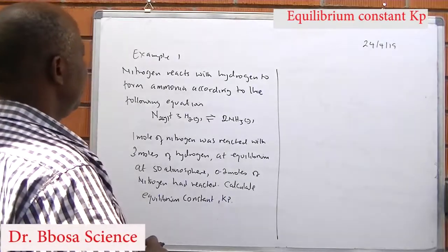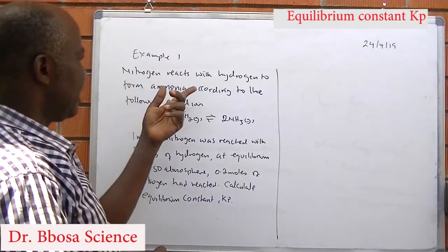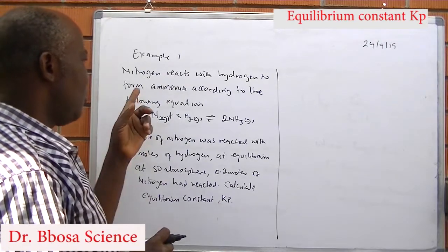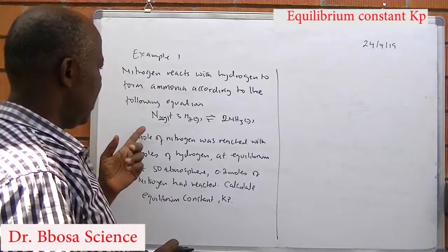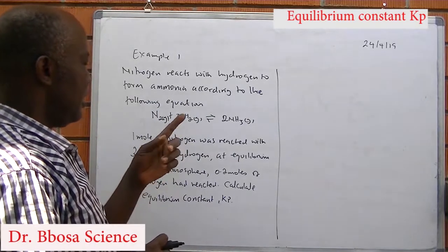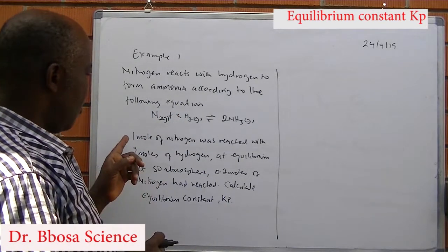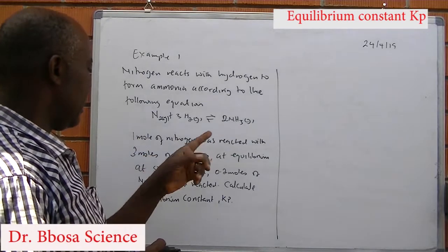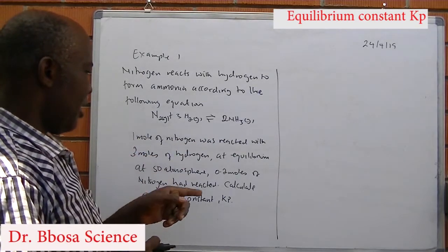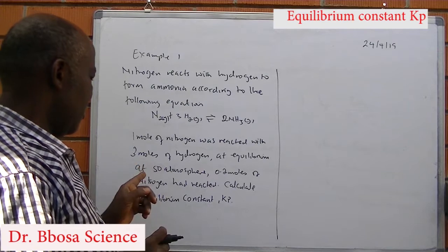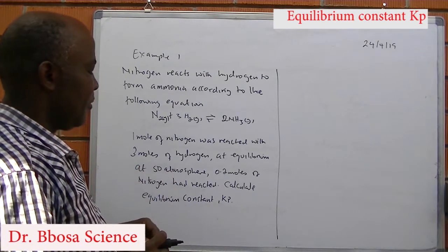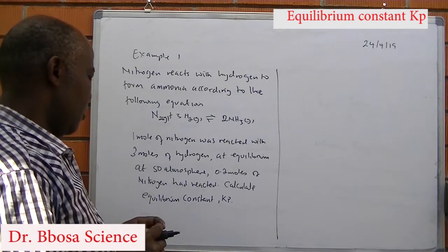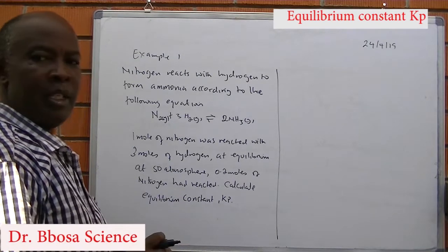Example 1. Nitrogen reacts with hydrogen to form ammonia according to the following equation. Nitrogen plus hydrogen gives ammonia gas. 1 mole of nitrogen was reacted with 3 moles of hydrogen at equilibrium at 50 atmospheres. 0.2 moles of nitrogen had reacted.